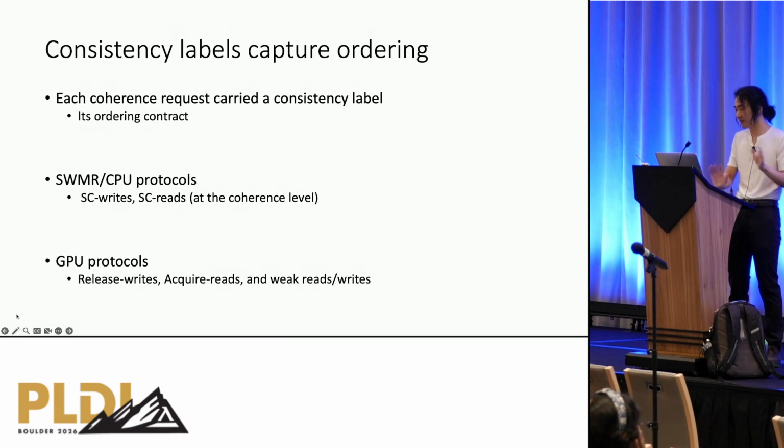So any SC enforcing coherence protocol can still realize a weaker architectural model like TSO, ARM, or RISC-V through pipeline reordering. GPU protocols in the same vein carry acquire read and release write labels. And by attaching these labels to coherence requests, we can reason about the consistency effects of a coherence protocol, and that is exactly what connects the coherence to compound consistency that we set out to prove and enforce.